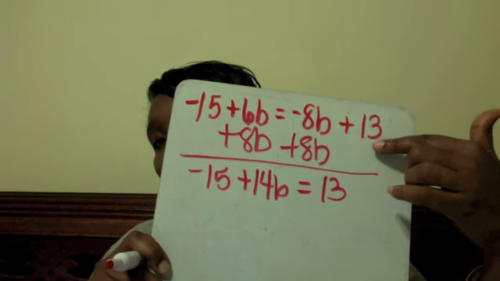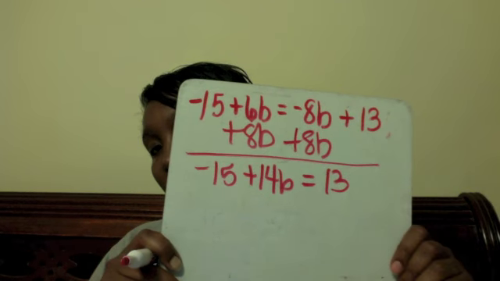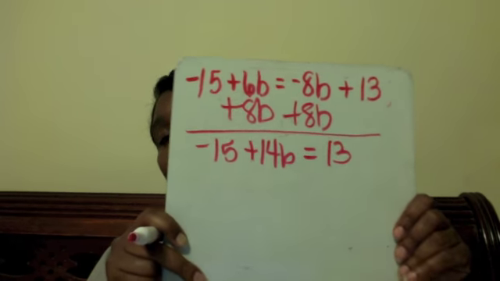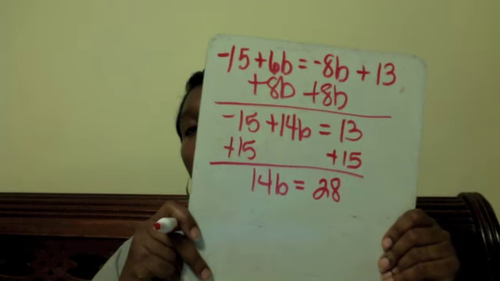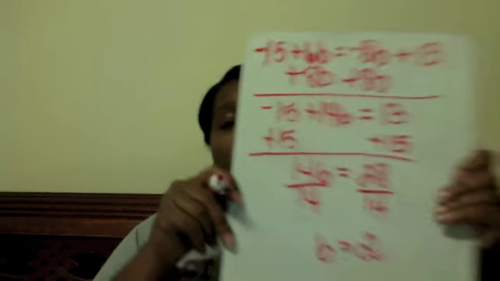I cannot subtract 8b from 13 because they are not like terms. Okay, so the next step would be to add 15 to both sides. Okay, and I'm left with 14b equals 28. Last step, divide both sides by 14. b is 2.